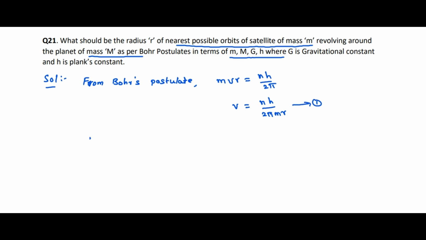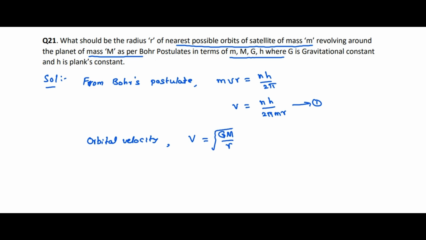And for the planet and satellite system, we will have orbital velocity v equal to square root of GM by r.